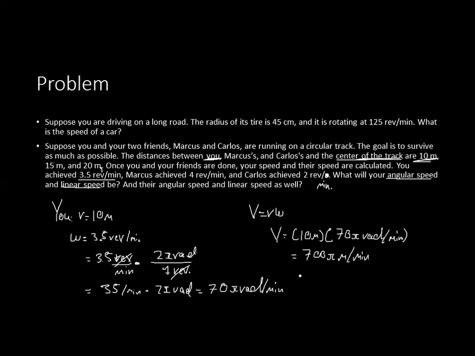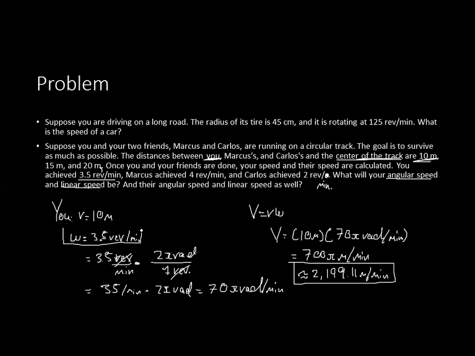This is the exact answer, but once again we need to approximate because we have an irrational number. So 70 pi is equivalent to 219.91 meters per minute. So this is the answer.